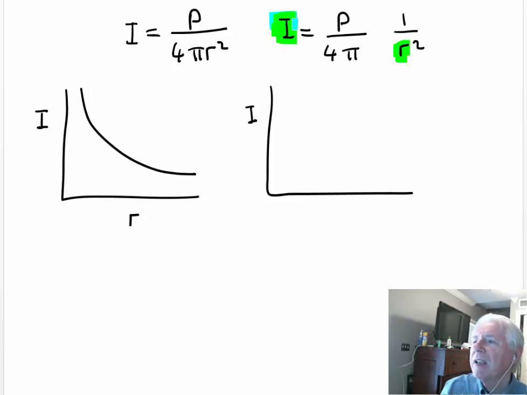And so I am going to plot I, but I'm not going to plot R. I'm going to plot 1 over R squared. Not R squared, that would be inverse, 1 over R squared.